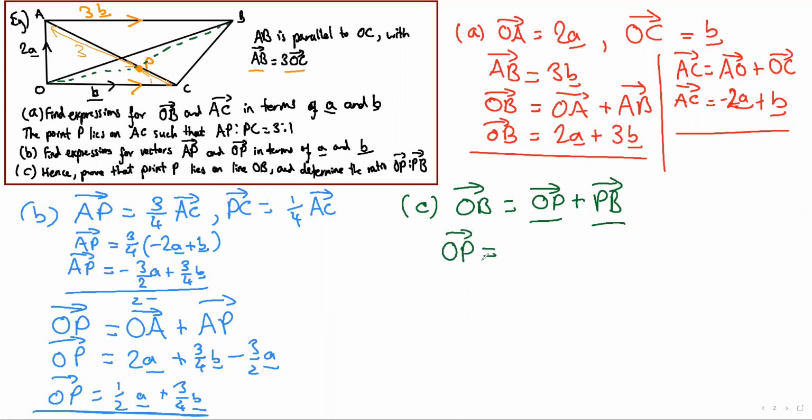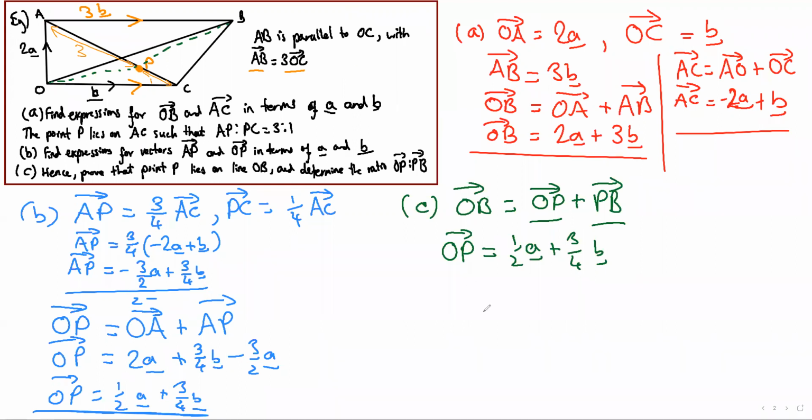So we know that OP already equals 1/2A plus 3/4B, like that. PB, on the other hand, we need to find out. So we obviously don't have the direct route, but what we can do is go back to A like this, and then we can go to B. So PA will be the negative of AP. So we know AP is this.